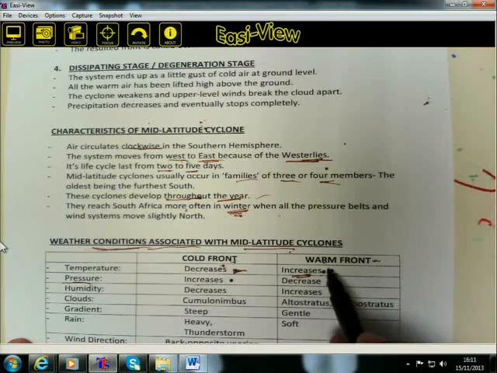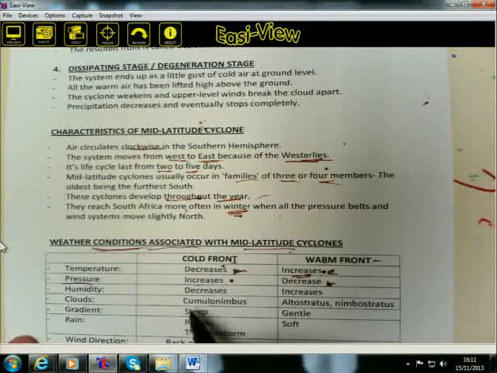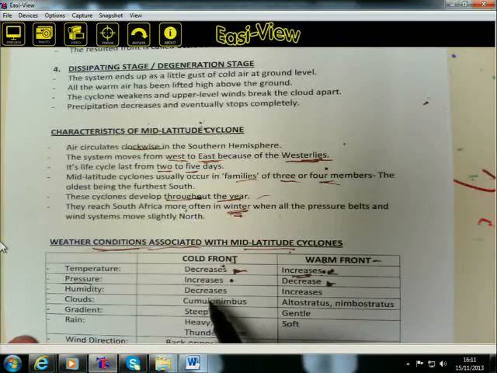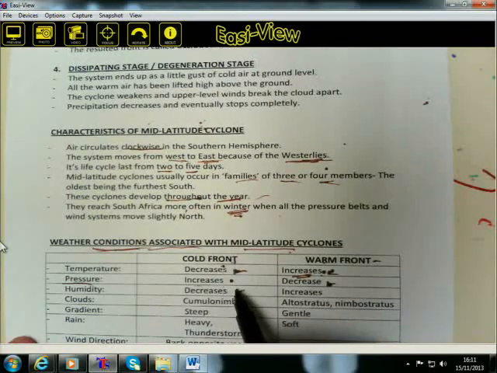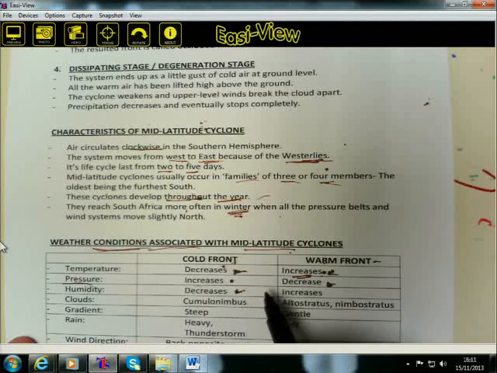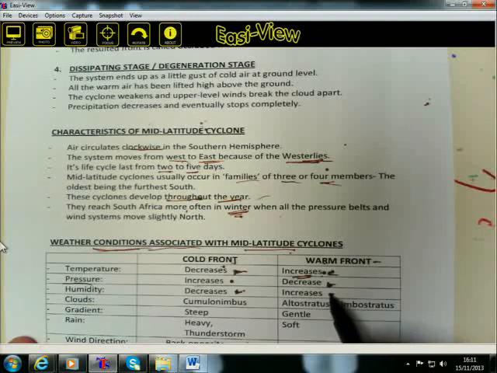And when the warm front approaches, the pressure will decrease, will become low. The humidity, the amount of water vapor in the atmosphere, will decrease when the cold front approaches, and the humidity will increase when the warm front approaches.